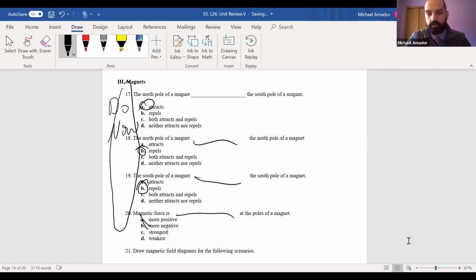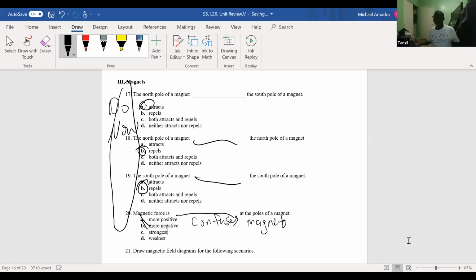Tanzel's got his hands up. Go ahead, Tanzel. Yes. So that's confusing magnetism with electricity, because electricity is the one with the positive and negative. Like the poles, there's the north and the south pole, but there's no positive and negative poles.